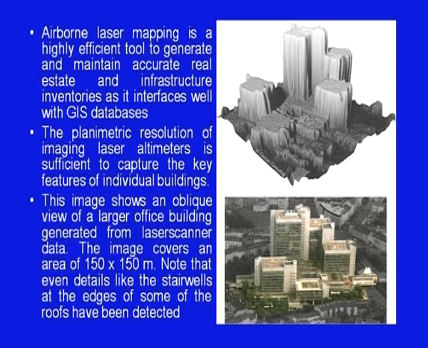The adjoining image shows an oblique view of a larger office building generated by laser scanner data. The image covers an area of 150 meters by 150 meters. One can note that even details like stairwells at the edges of some of the roofs have been detected.